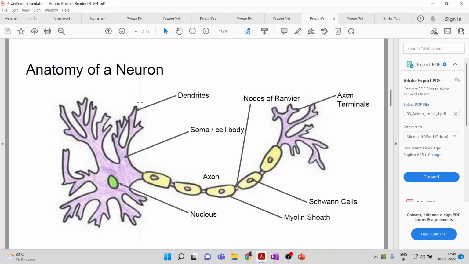But what happens is, two things can happen. One is there is an action potential here. There is a graded stimulus that is applied here, and if it is applied continuously, for example, let me see if I can write on this.